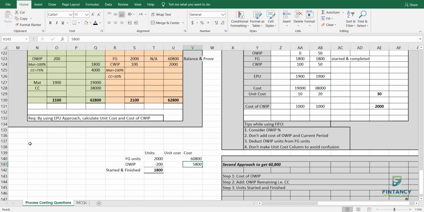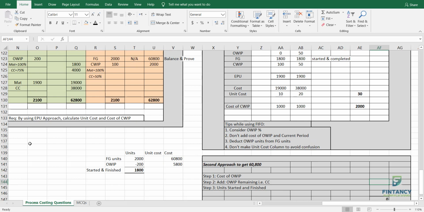Okay? So you got to know, see, there are three steps. Number one is how much is the cost of opening work in progress, which is this 5,800. So I am writing here for you 1,800 plus 4,000. This is coming from the previous month. Okay. So which is how much?